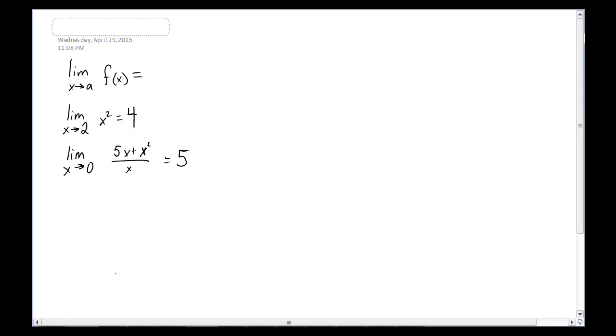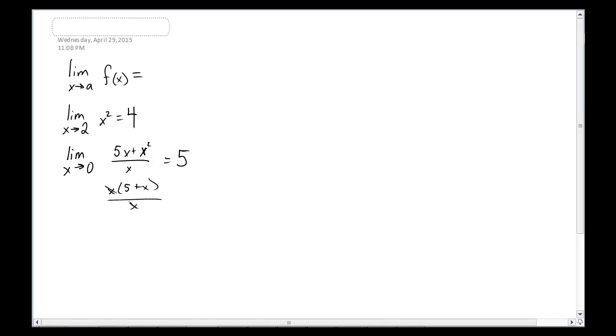Okay, now we talked about before how we could kind of deal with that. We're gonna learn some more ideas about how to do this. The shortcut is just to say, okay, well, let's factor out the x, which will make it 5 plus x over x.